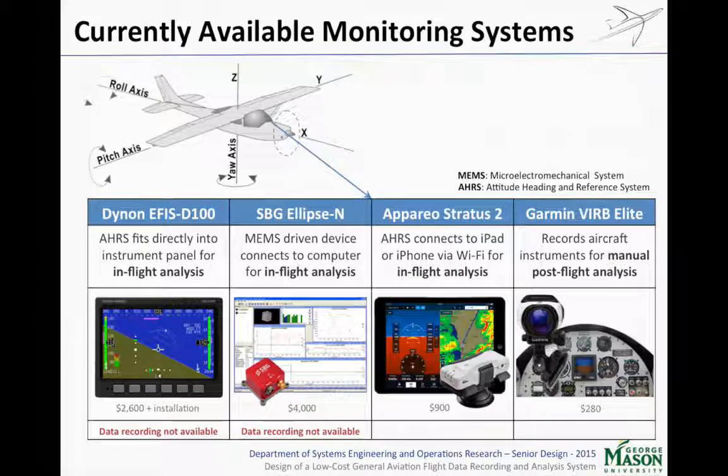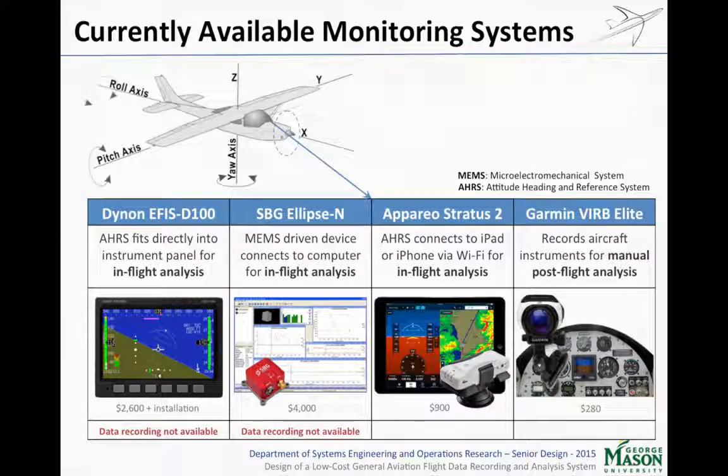We see here a bunch of currently available monitoring systems, a representative subset of those. The first one here is the Dynon AHRS unit, which was the NTSB recommended unit earlier in the presentation. This is a microprocessor-driven AHRS device that is mounted in the panel of the aircraft and does in-flight analysis of the aircraft measurements.